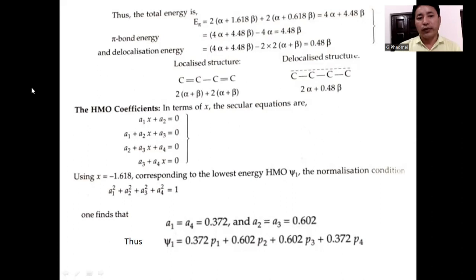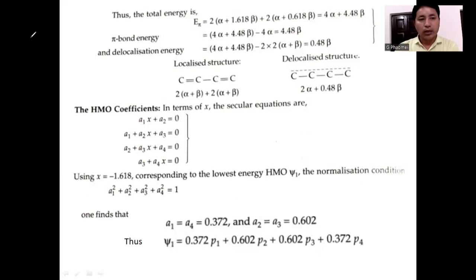To determine the coefficients, we can follow the same way by taking the coefficients and the normalization conditions, and finally we got A1 is equal to A4, which the value is given here, A2 is equal to A3, which the value is given here. Therefore, if you put into the wave functions, psi1 is equal to A1 P1 plus A2 P2 and A3 P3 and A4 P4, and in the same way psi2.